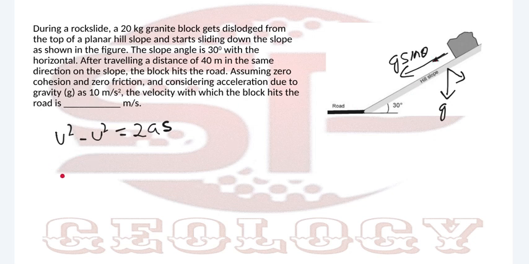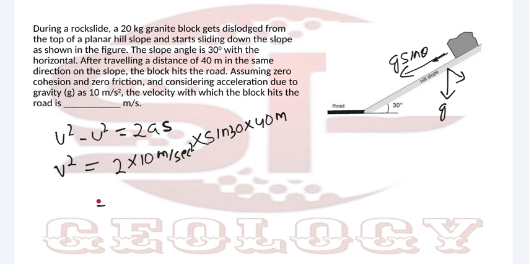So v square, where initially it is at rest, so u will be 0. V square equals 2 into a, where a becomes g sin theta. G is given as 10 meter per second square. So 10 meter per second square into sin 30 degree into 40 meter. Sin 30 is 1 by 2.